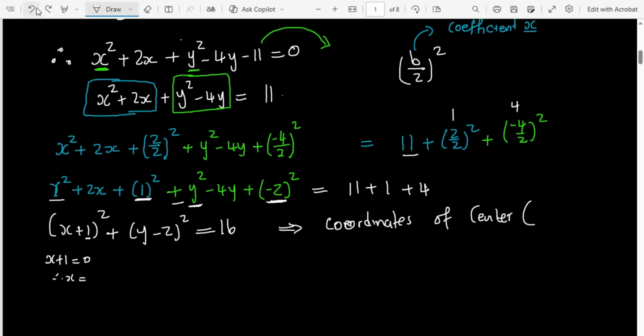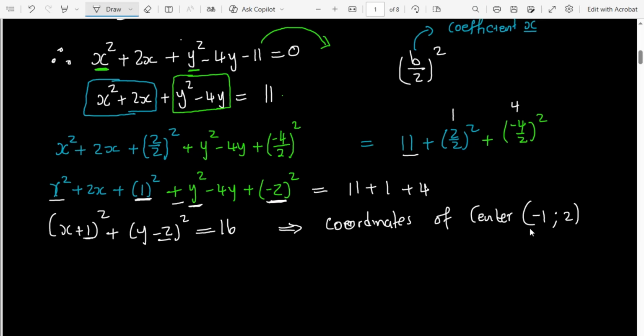Even if we're not equating to 0, let me show you where that is coming from. Guys, if it's 1, the x value would be minus 1. If it's minus 2, the y value will be what? Positive 2. Let me explain where that is coming from.